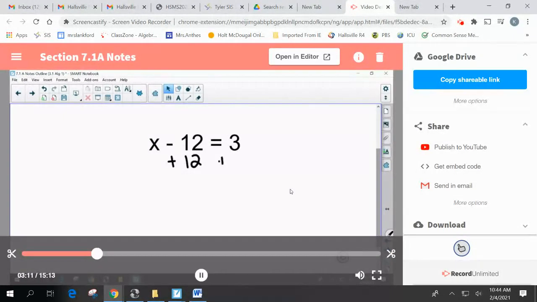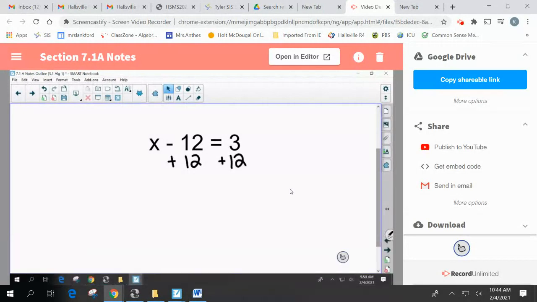Okay, so add 12 to both sides. On the left, you're left with x. Drop down your equals. And on the right, you have 15.